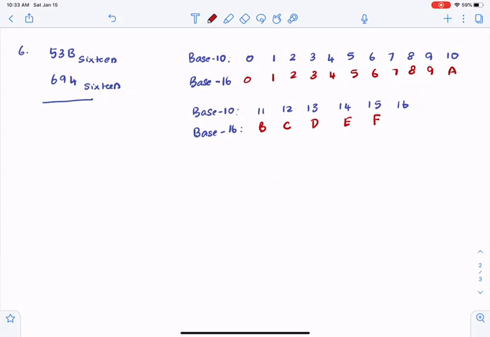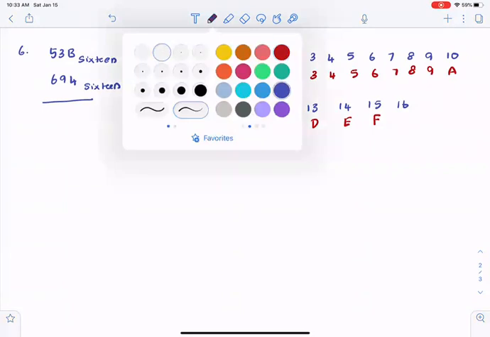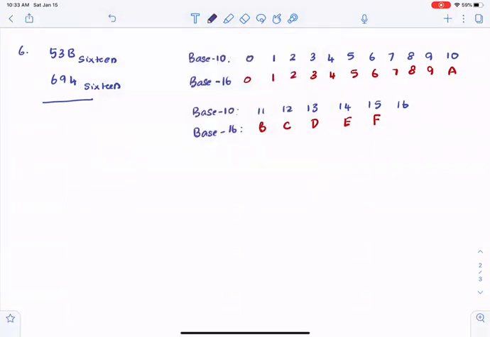And I want to add 11 to 4, which would give me 15. 15 is simply F in hex system or base 16. So F.